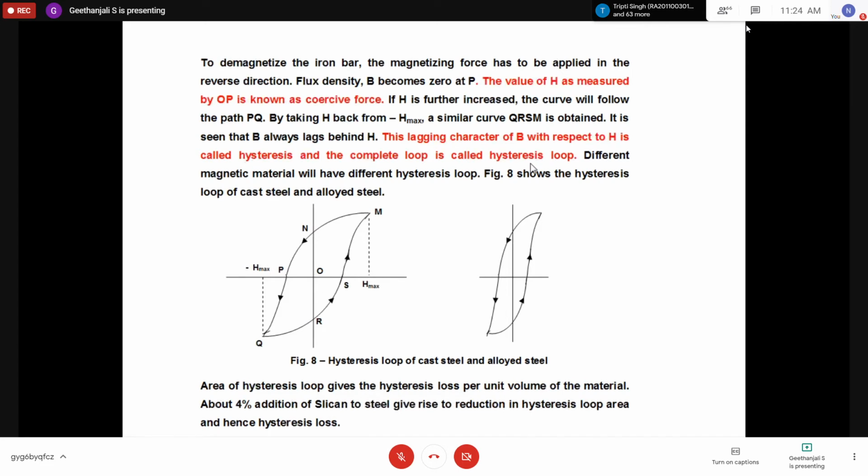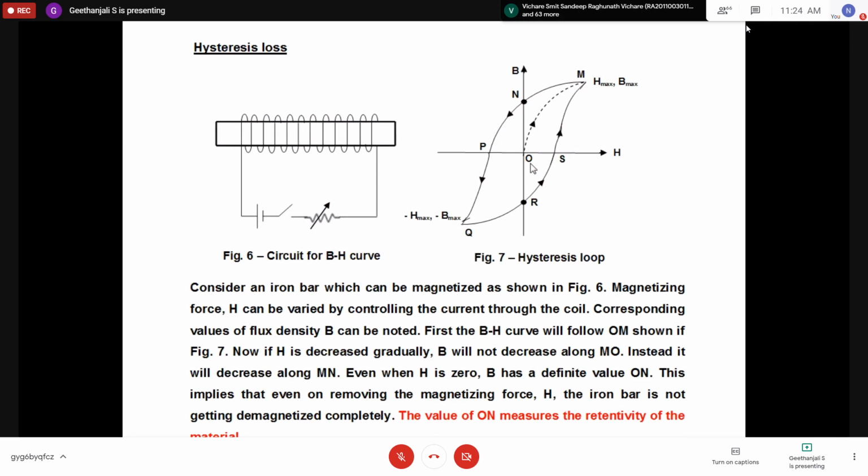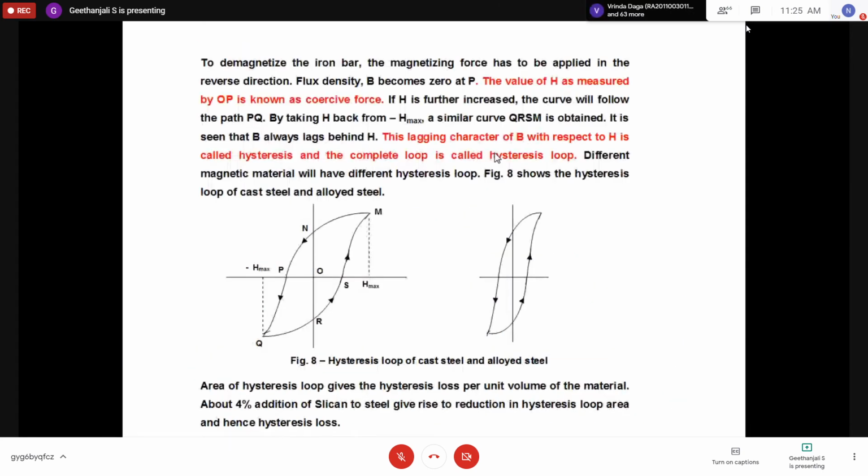To demagnetize the iron bar, the magnetizing force has to be applied in the reverse direction. Flux density B becomes 0 at P. This is P. The value of H is measured by OP. OP is known as coercive force.